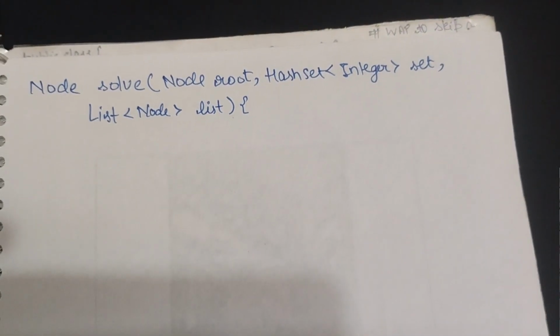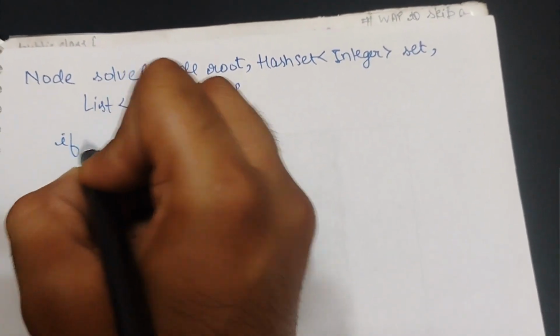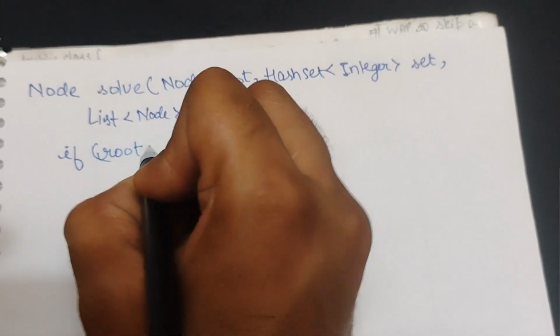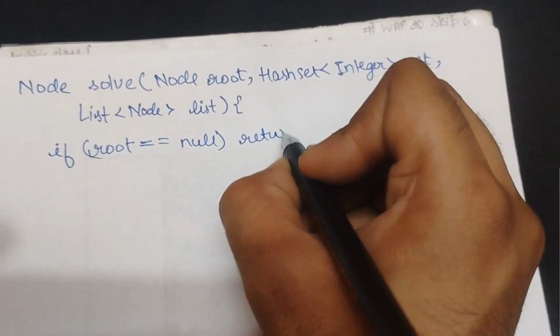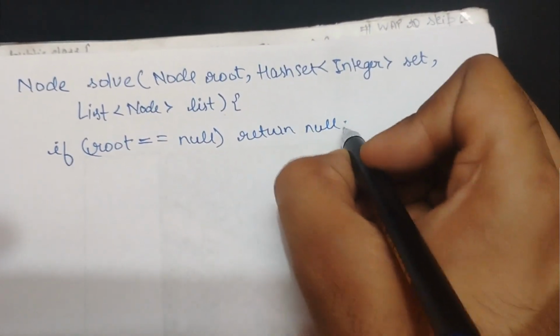Okay, now the base case: what if this root is null? If the root is null, we will return null, because there is nothing to remove.